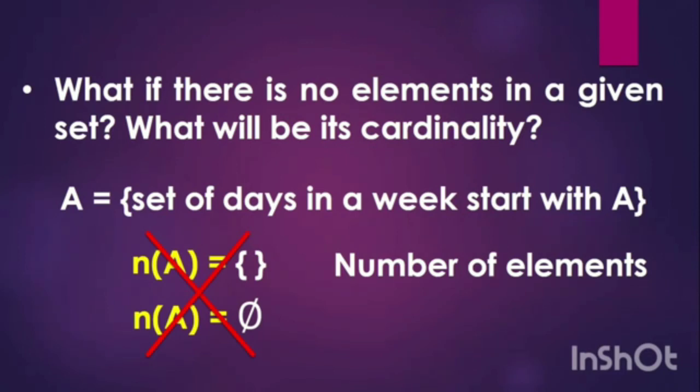Pero kung ang tinatanong ay cardinality, since it refers to the number of elements, bilang, so dapat ang ilalagay natin ay the cardinality of set A is equal to 0. Okay? Remember that. So, ulitin ko, kung ang tinatanong ay ano-ano ang mga elements, you should answer empty set or null set. Pero kung ang tinatanong ay cardinality, so ibig sabihin bilang, so ang ilalagay natin ay 0.